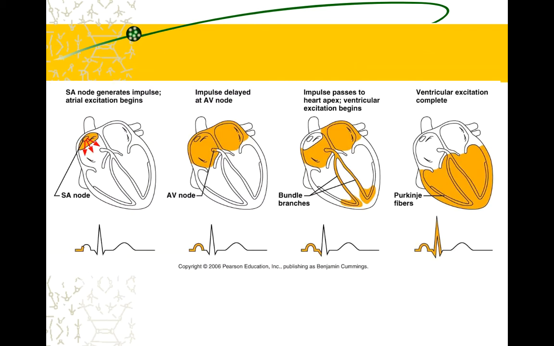And then here is a diagram that shows which part of the wave is represented by what's going on in the heart. So as the action potential comes out of the sinoatrial node, that is that first rise in the EKG, all right? As it spreads out across the atria, you're then going to see it here.